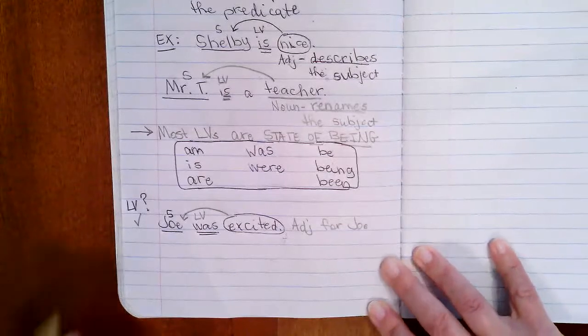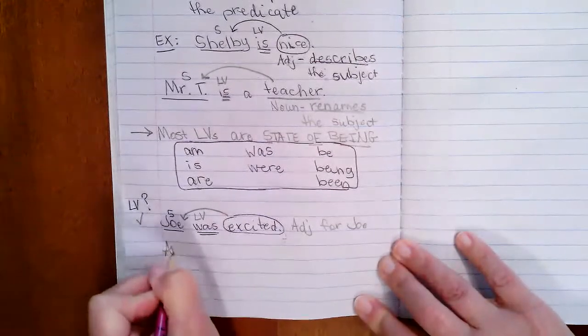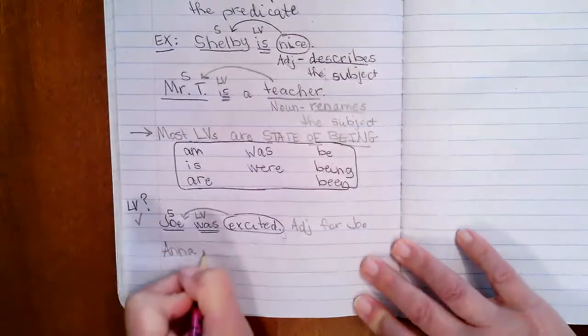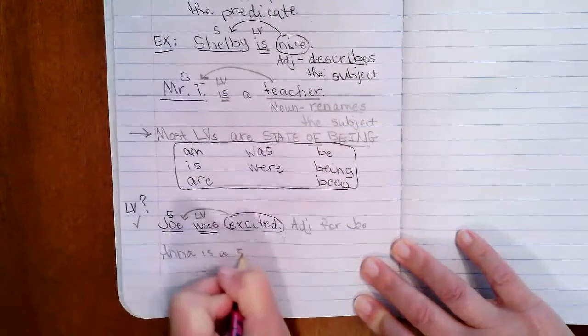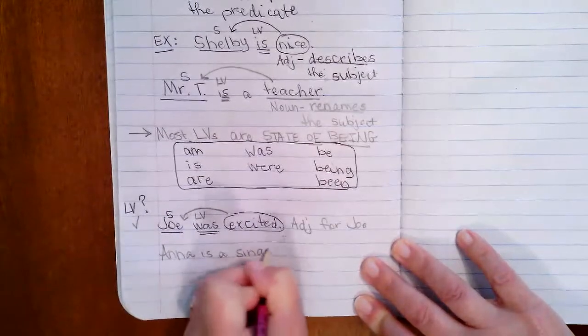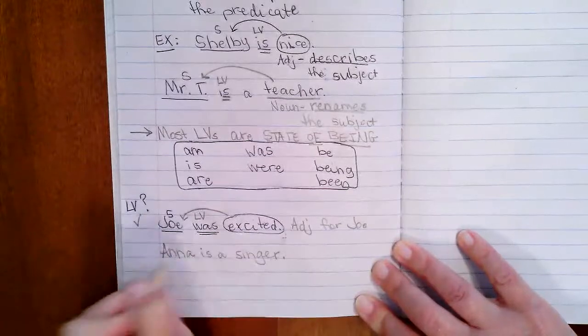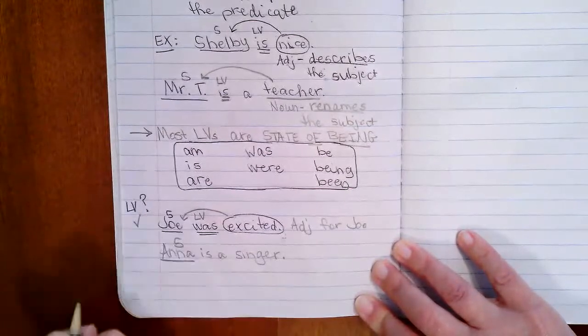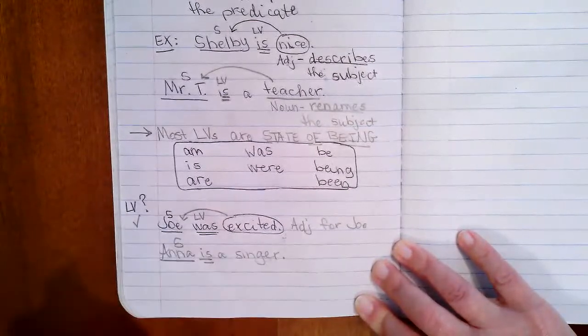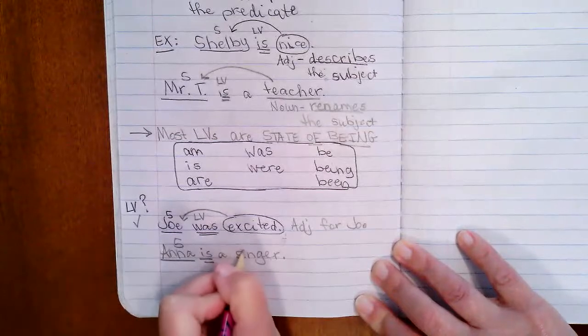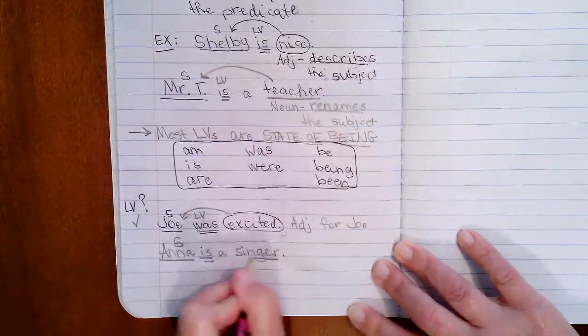Okay, let's do another short one. Anna is a singer. Okay, so let's look at this one. All right, Anna is our subject. Is our verb. Okay, so singer.